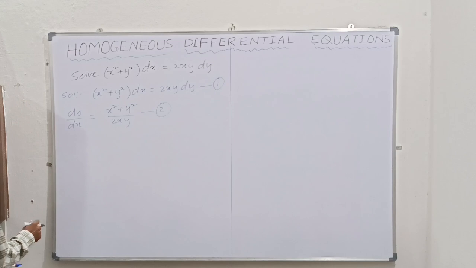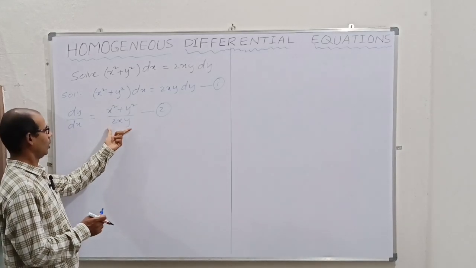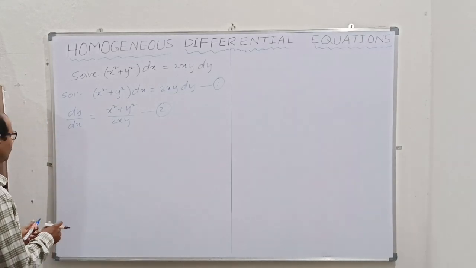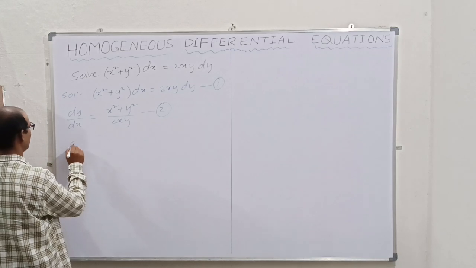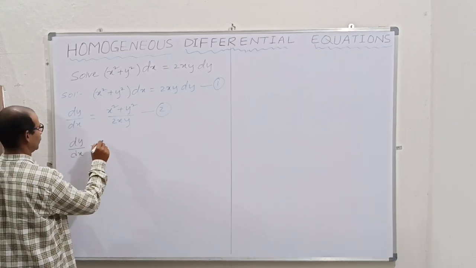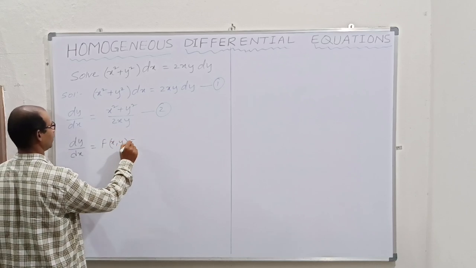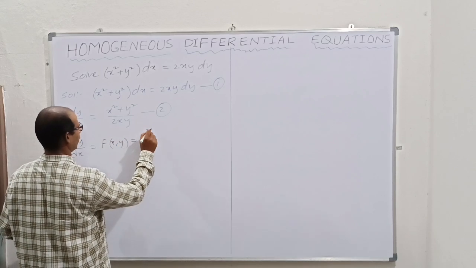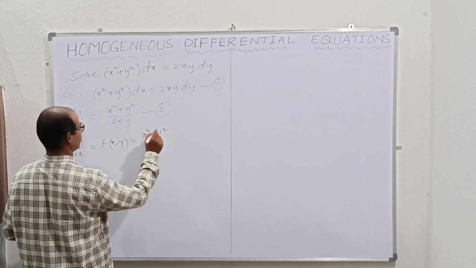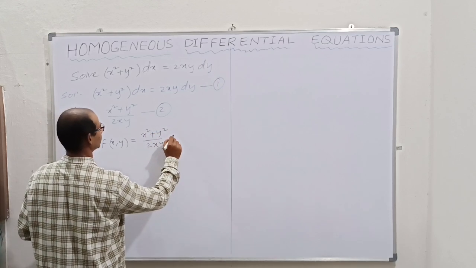So now first of all we have to verify whether this is homogeneous or not. So therefore dy by dx is equals to f of x comma y, that is equals to x square plus y square upon 2xy, right?